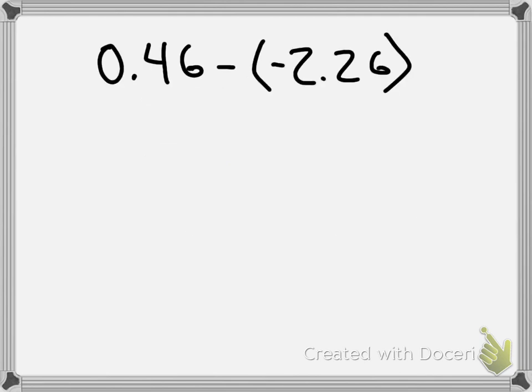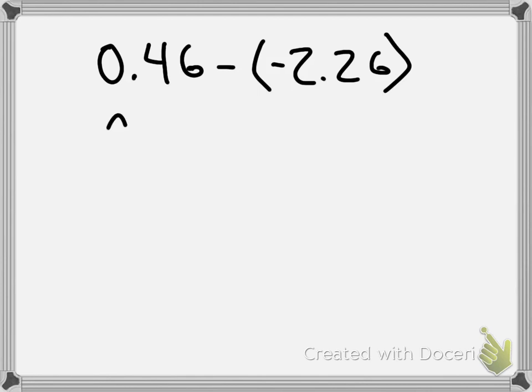Here I have 0.46 minus negative 2.26. Well, in our last video, we described and said it's a whole lot easier to add things than it is to subtract. So we know that subtracting a negative, well, we can really just add the opposite.